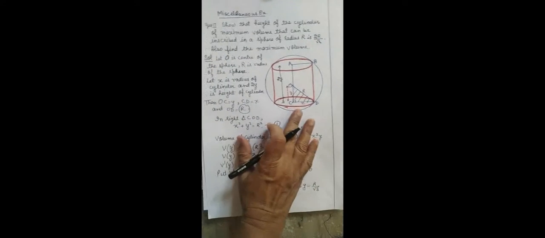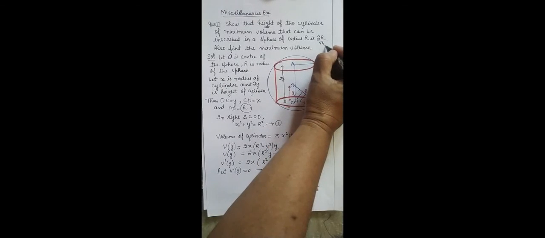Now let me see what my requirement of final answer is in the question. It says show that the height of the cylinder inscribed in the sphere is 2R upon under root 3. That means first of all I have to show that the height of the cylinder is 2R upon under root 3, and then also find the maximum volume. For finding the height, I have already found the value of y.